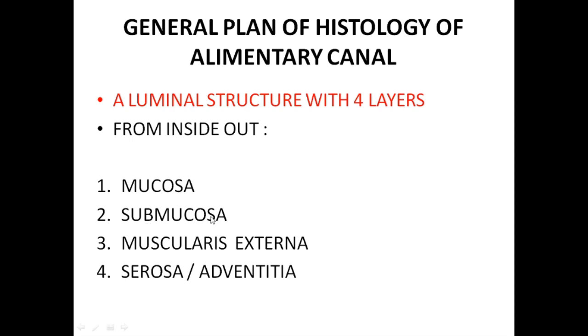Outside the mucosa we have the submucosa. Outside the submucosa we have the muscularis externa, and outside the muscularis externa we have either serosa or adventitia. So these are the four layers generally present in all the parts of alimentary canal, right from esophagus up to the anal canal. In all the parts of alimentary canal there will be these four layers.